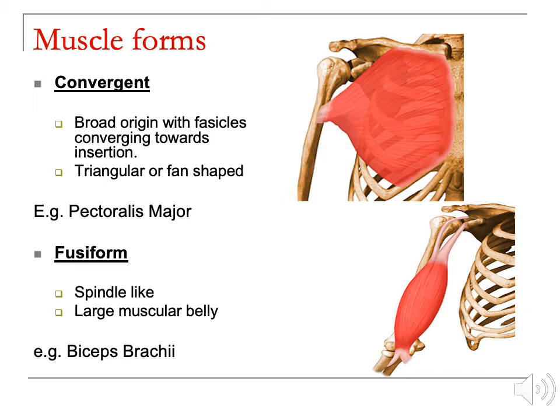Okay, and like I say, they taper together, so the ends of the muscle are both thinner than the major belly of the muscle. But there is another muscle form similar to this called parallel, where we don't have that muscular belly and we get a much longer, thinner muscle where the fibers run completely parallel to one another. And sartorius in the upper thigh would be an example of that.